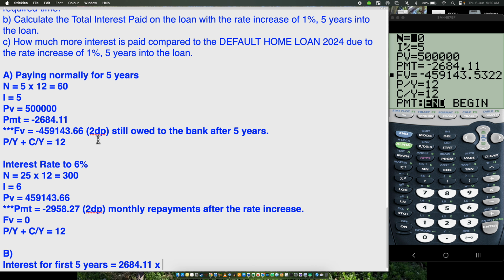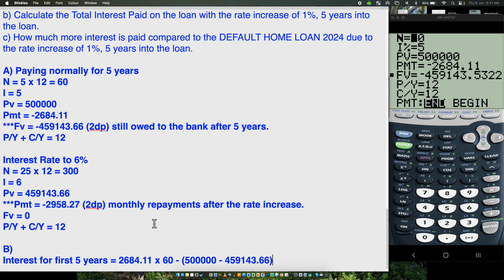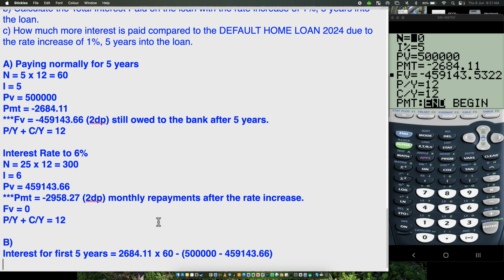How many payments did I make in the first 5 years? 60. 60 payments of 2,684 minus that formula, 500 grand, take away what did I get the debt down to? $459,143.66. I'll do the working out first before I find the answers.